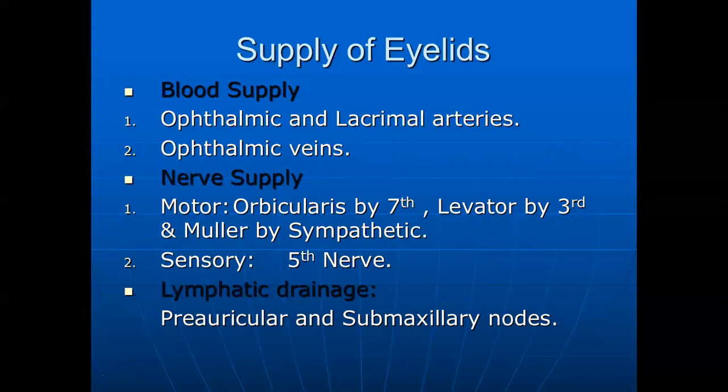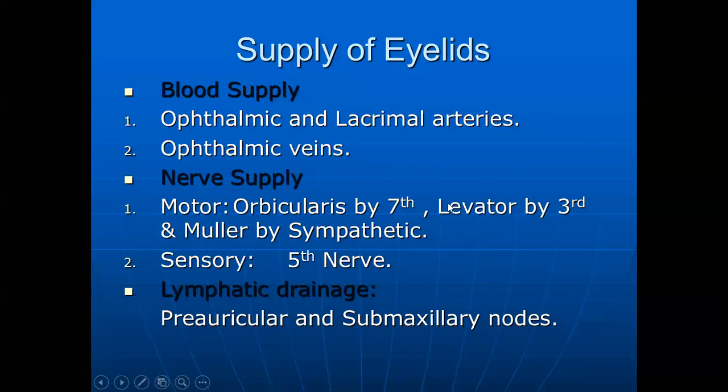So there are two muscles that open the eyelid: the levator palpebrae superioris and the Muller muscle. Levator is supplied by the oculomotor nerve, and Muller muscle is supplied by the sympathetic plexus. These are the two muscles which open the eye. The one that closes is the orbicularis, which is supplied by the facial nerve.